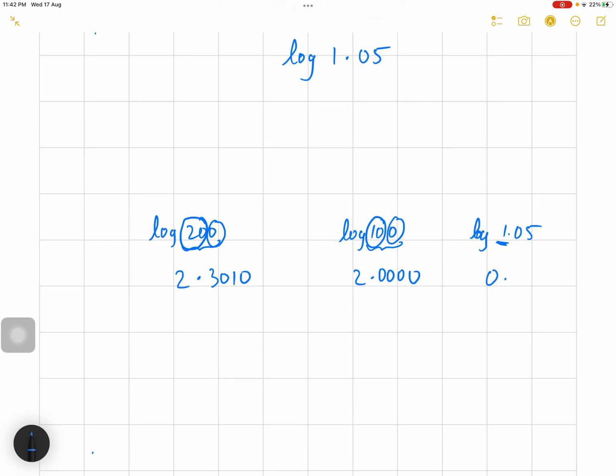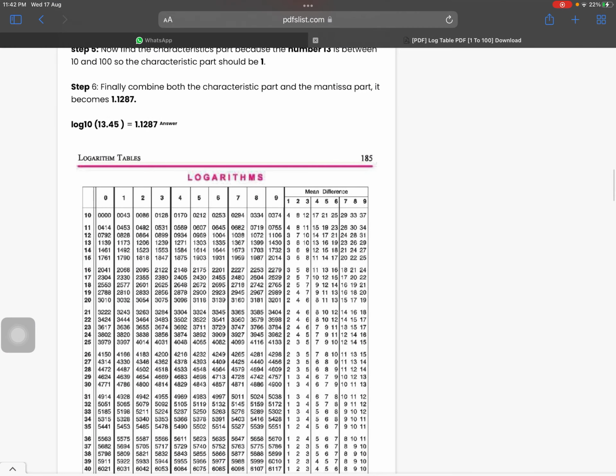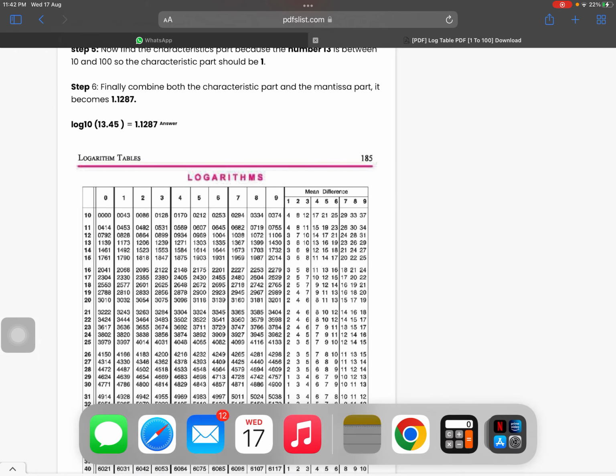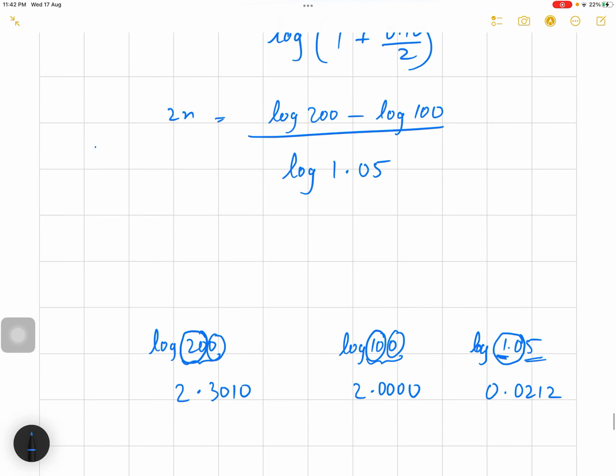And row 10 column 5 is 0212. So we have found the logs.